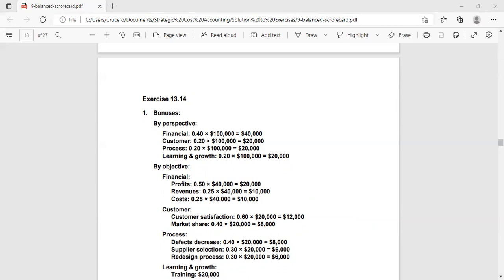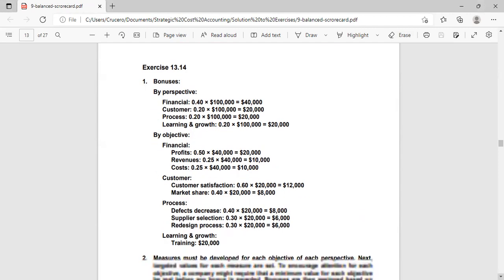Process objectives: defects decrease 40%, supplier selection 30%, and redesigning their cost 30%. Now we have to use again the data in the problem. Okay, so suppose that Mandy communicates.